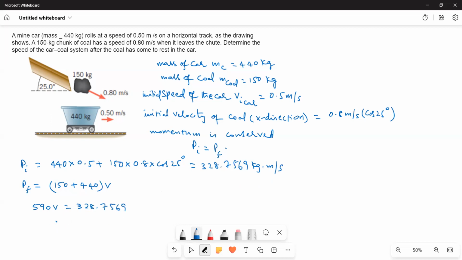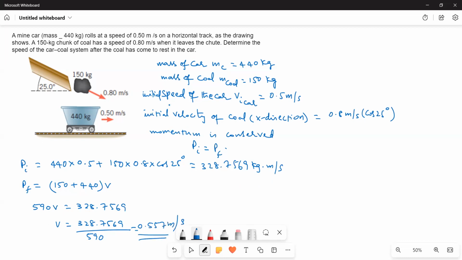Therefore, V is equal to 328.7569 divided by 590. That will give you a value of 0.557 meters per second. This is the answer.